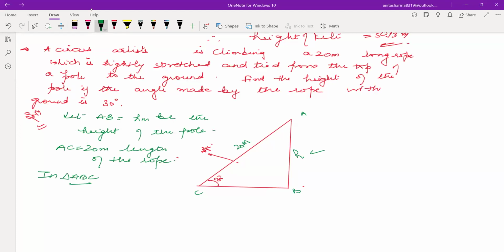This H. So you will write this in the numerator. So AB upon AC is equal to which trigonometry ratio? Sine. Yes, so sine 30. So AB is H, AC is 20, sine 30 is 1 by 2. So now the value of H will be 10 meters. Understood? Yes, ma'am.